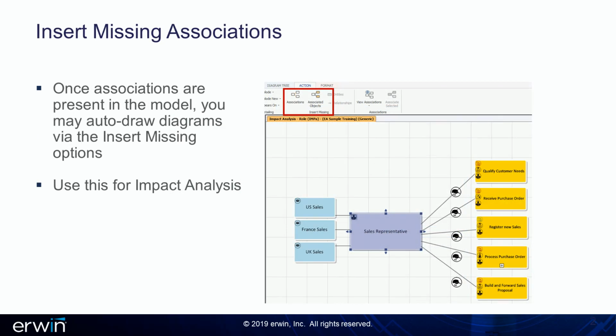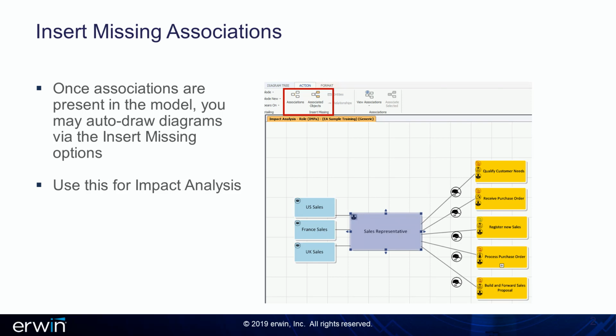And one really helpful feature for being able to do impact analysis is the ability to insert missing either associations or the associated objects. So that is something that will help you leverage the relationships that you've created in your model, and it will draw these impact diagrams for you automatically.